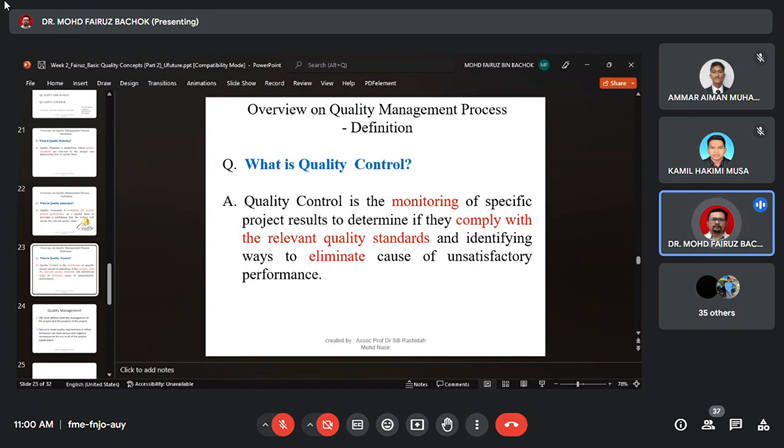After you do the remediation, then you can hand over to the client. But you need to follow all these three processes: start with planning before, assurance during, and control after the project has been completed or constructed.